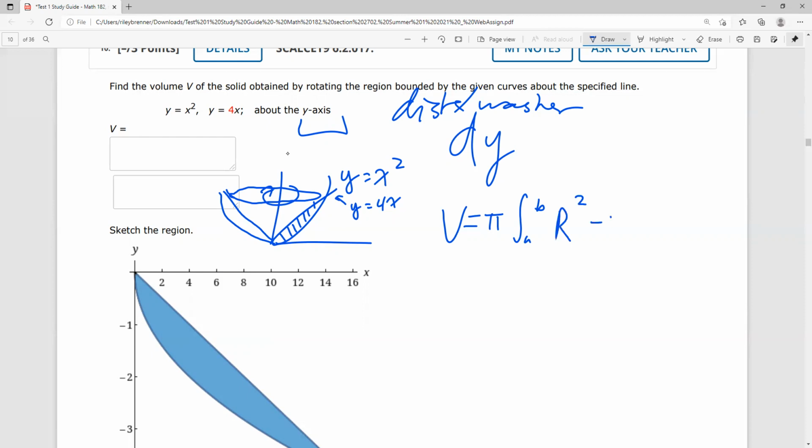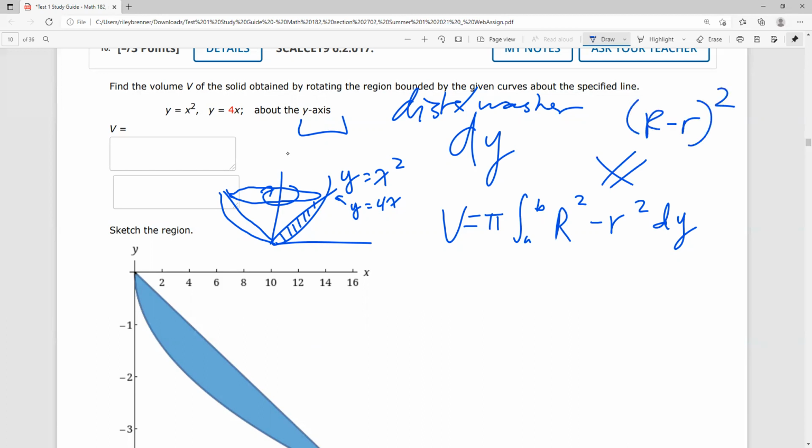Outer squared minus inner squared, and then d, in this case, we're doing y, so we're going to do dy, right? I'll let the outer be the bigger radius squared minus the smaller radius squared. That's the way I learned it. Hopefully that makes it easier for you to remember. Remember, it's this. This is not the same as this. Do not mix these two up.